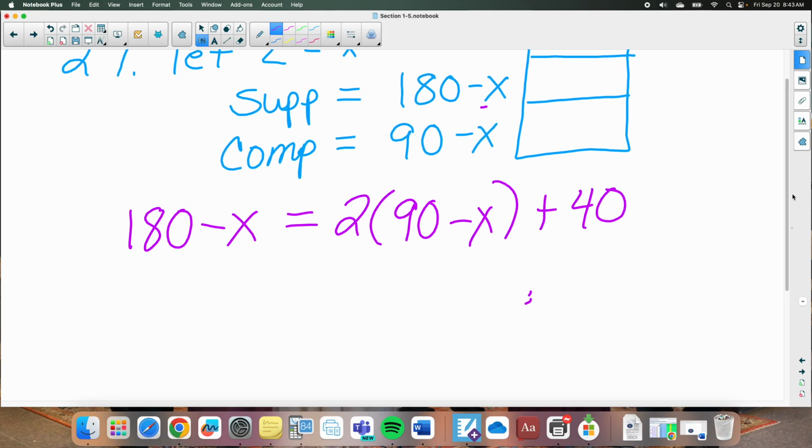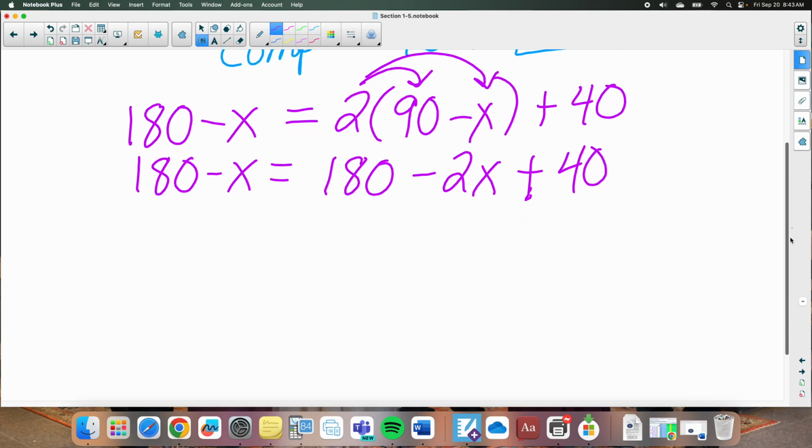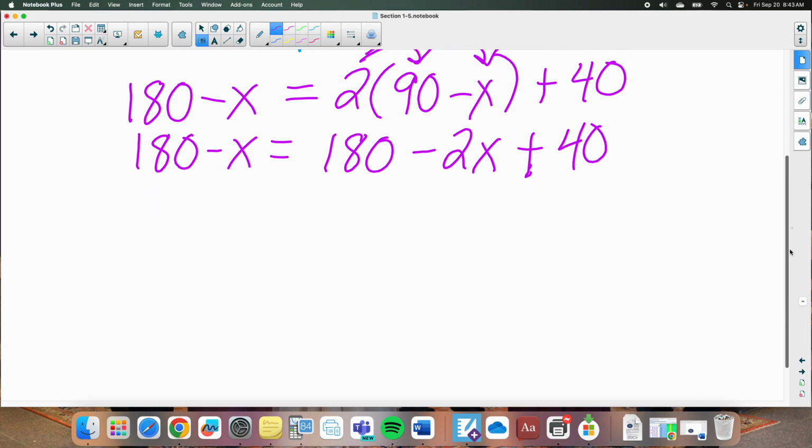Now, let's go ahead and solve that. So I'm gonna keep the 180 minus X over here. Here, I'm gonna distribute 2 times 90 is 180 minus 2 times X, and then it's plus 40. Okay, now when I go to do this, let's actually combine the 180 and the 40 first.